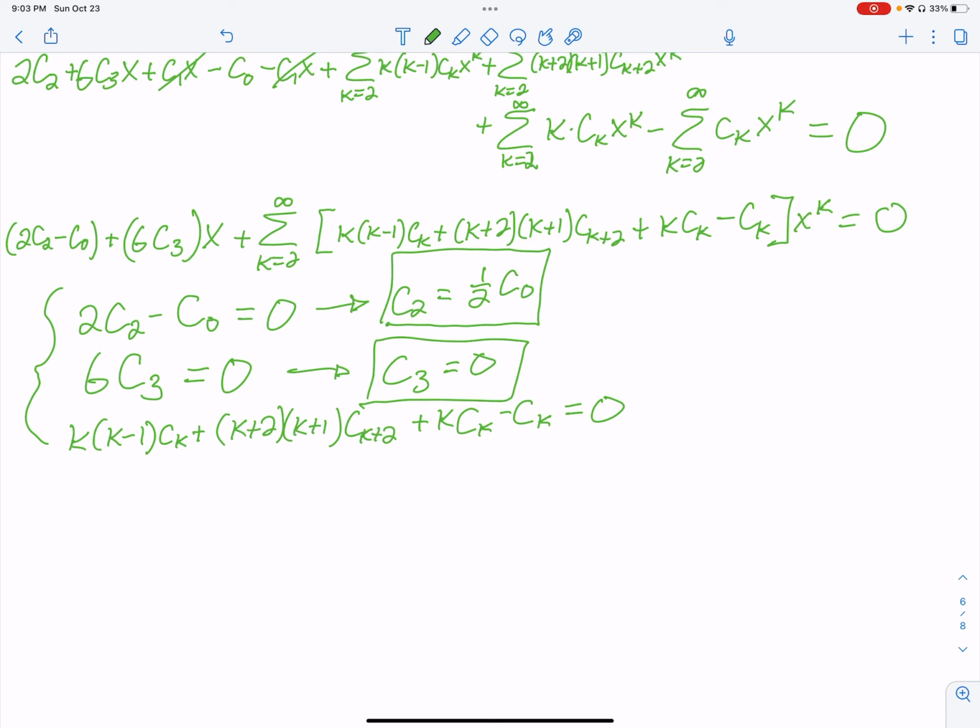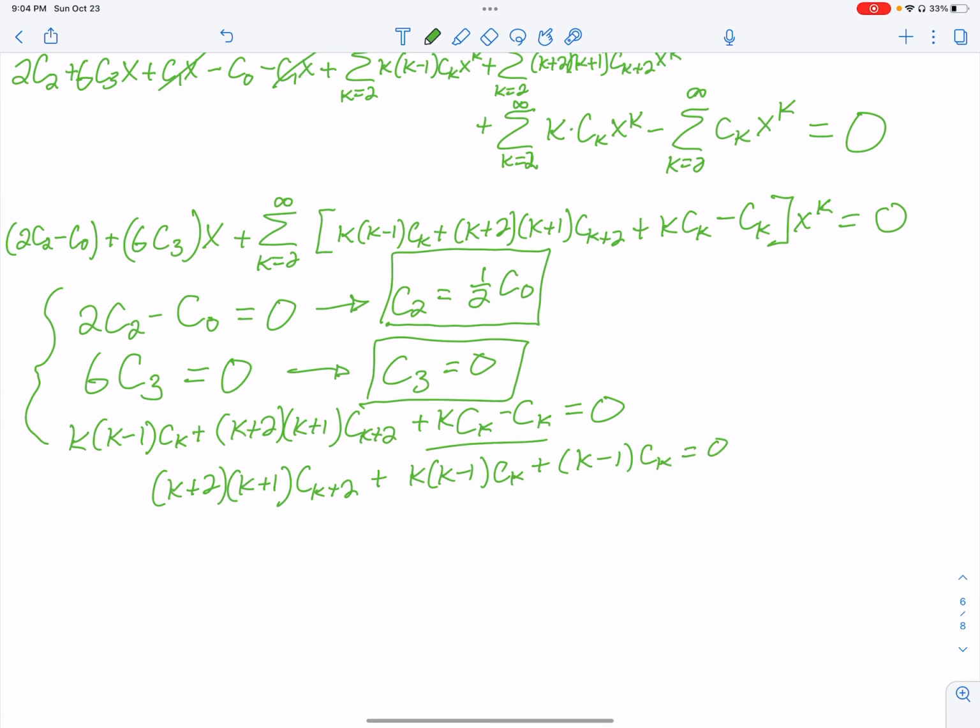So I have ck plus 2, and let's put those together first. I'm going to do k plus 2 times k plus 1 times ck plus 2. I just wrote down the second term. And now I got k times k minus 1, ck. And then notice I can factor out that ck on this next part. I got k minus 1, ck.